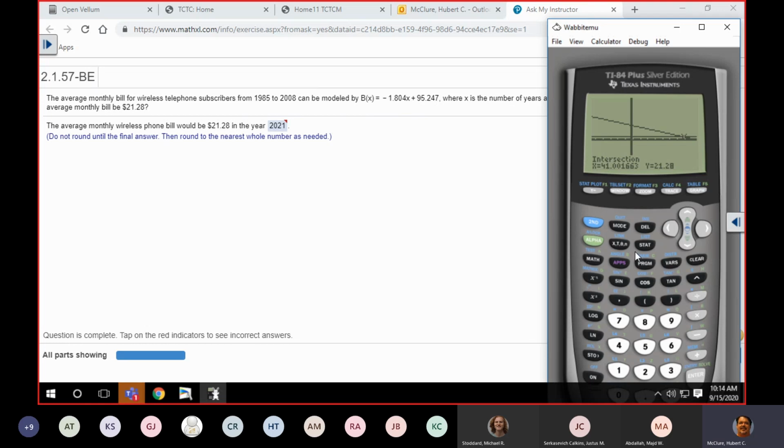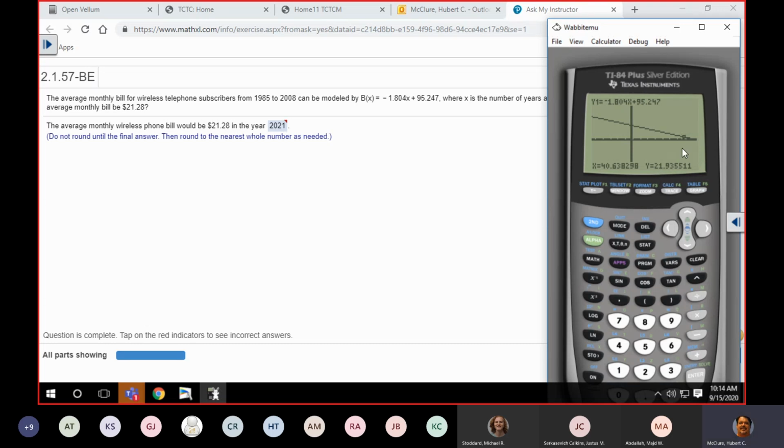Another way you could have done it is hit trace. But it wouldn't be very accurate. Let me delete this and hit graph, and hit trace, and you're trying to find the closest Y to 21.28. .9 is as close as I can get.